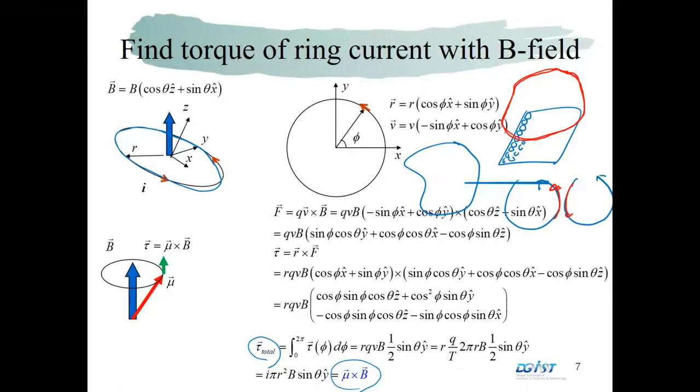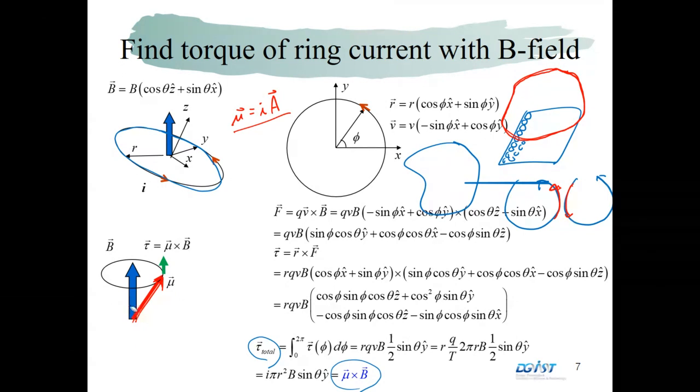So this expression, the definition of mu is I times the area vector. It is very general. You can apply this relation to any kind of current loop, any shape of current loop. So if you have some current loops, you can define the magnetic moment generated by this running current.